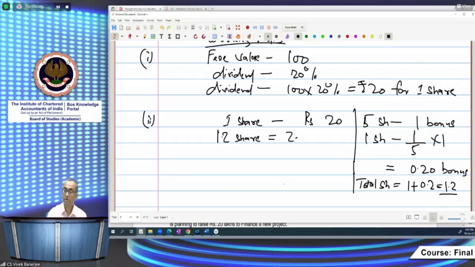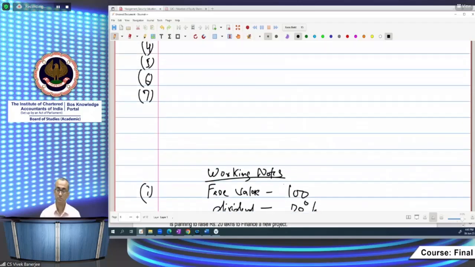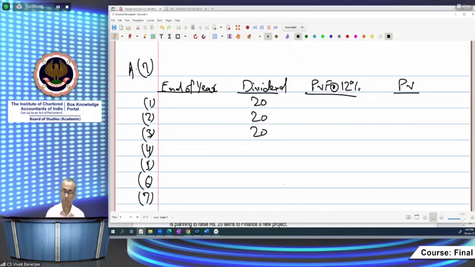It will be 20 into 1.2, which is 24 rupees. Okay, so you have understood how this dividend is calculated for the fourth year. Fourth year, fifth year 24, sixth year 24, seventh year also it is 24.